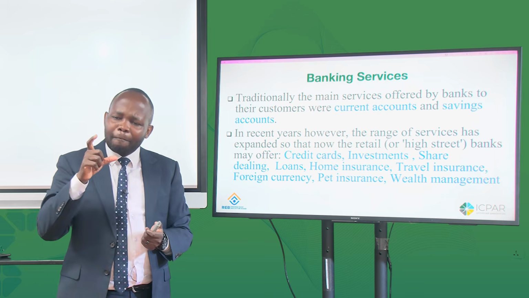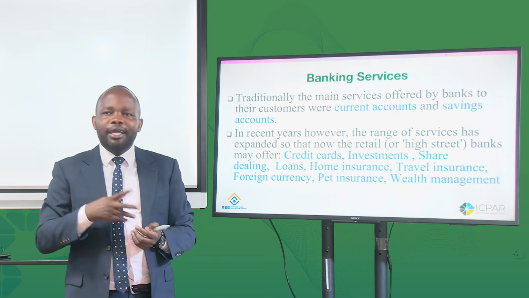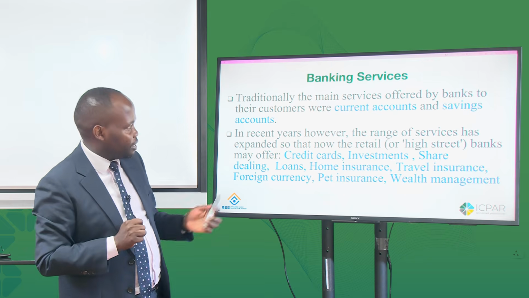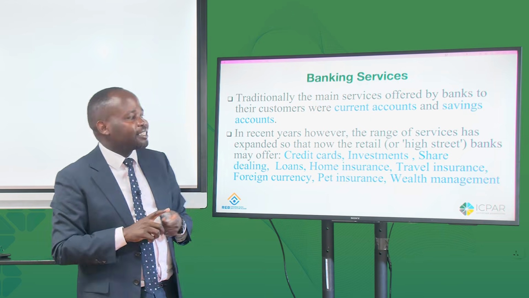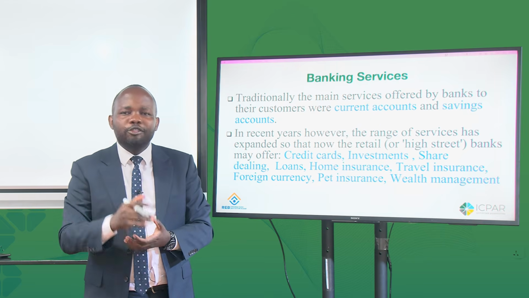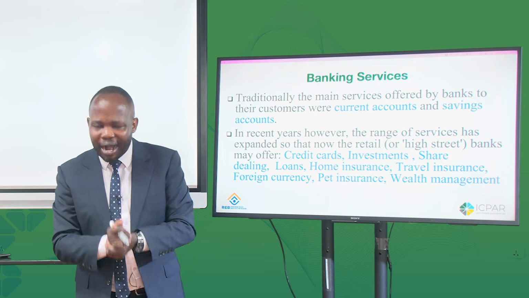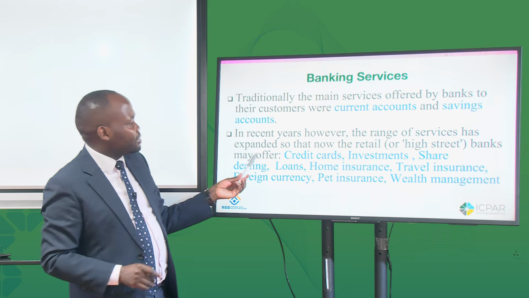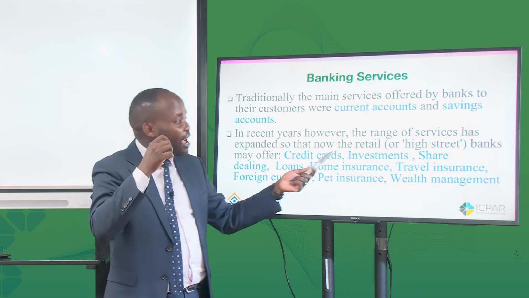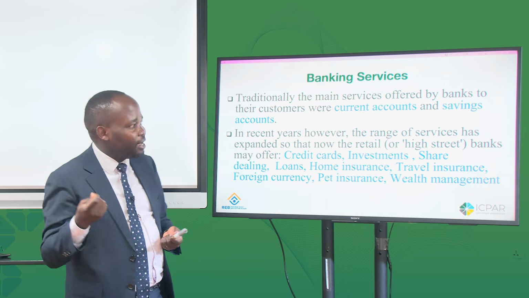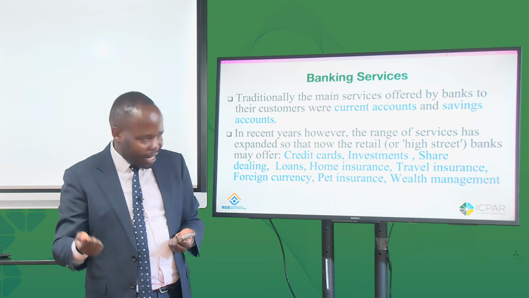What are the banking services that we have? In the traditional way, there were two major types of services. We had only what we called a current account, and we had a savings account. But today, we have other services offered by banks. For example, we have credit cards. Banks deal with credit cards. Number two, we have investments. Banks deal with investment, share dealing. Banks deal with shares.